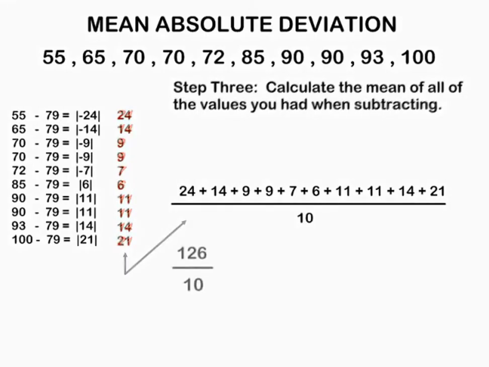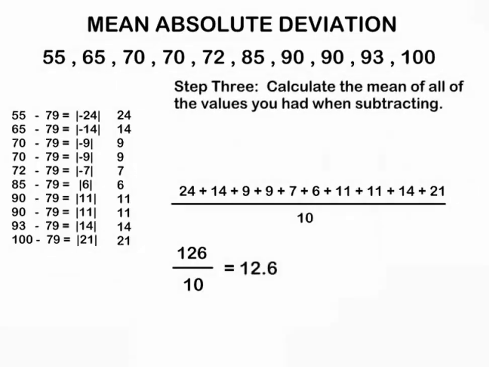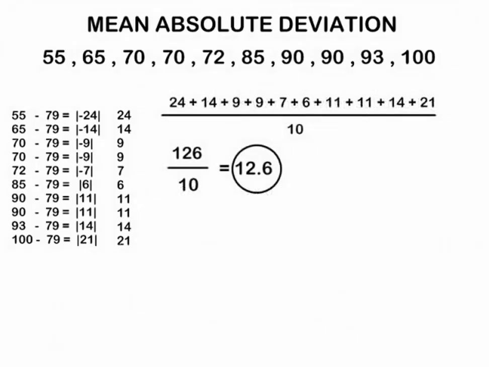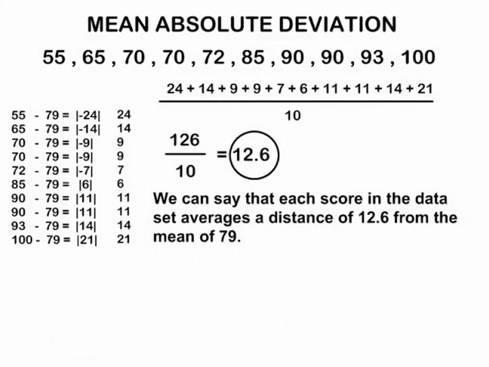The sum of those 10 distances away from the mean is 126. After dividing 126 by 10, that would give us a quotient of 12.6. Therefore, the mean absolute deviation is 12.6. We can say that the scores in the data set, on average, are a distance of 12.6 away from the mean of 79.